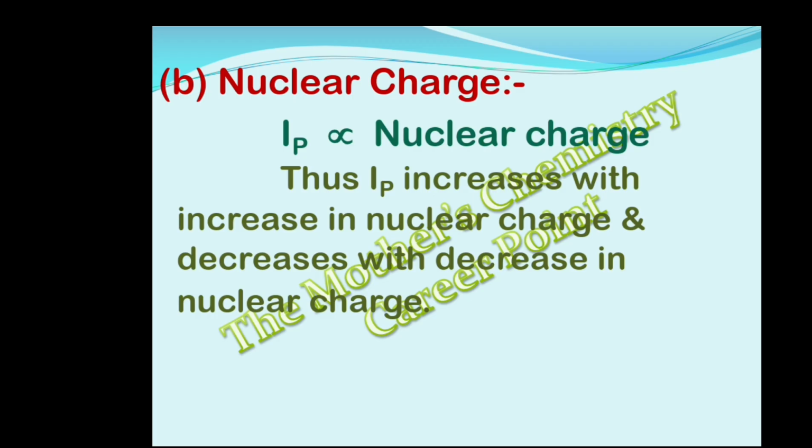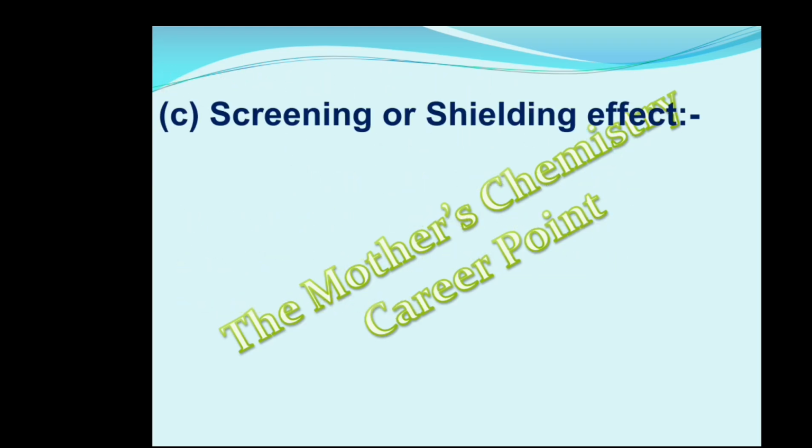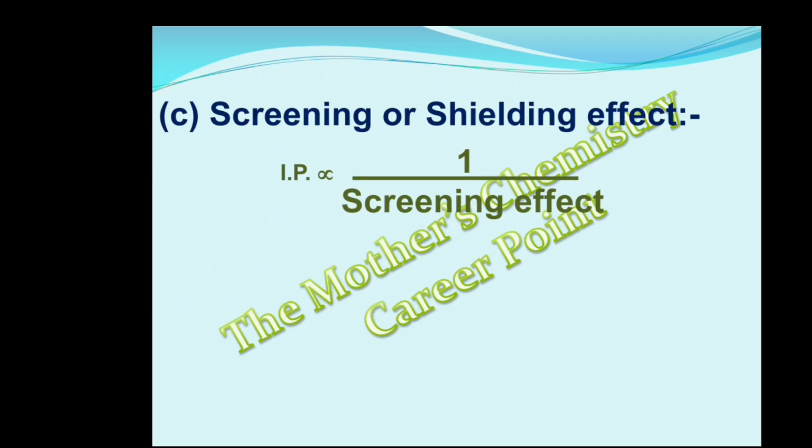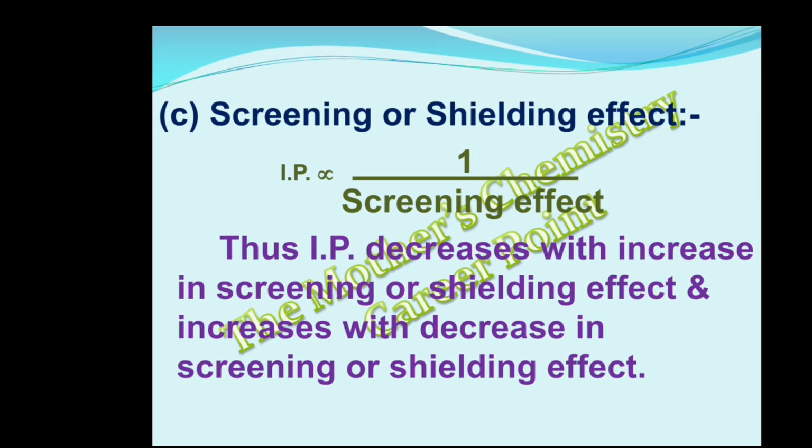Thus, the ionization potential increases with increase in nuclear charge and decreases with a decrease in nuclear charge. Screening effect or shielding effect. Ionization potential is inversely proportional to screening effect or shielding effect. Thus, ionization potential decreases with increase in screening or shielding effect and increases with decrease in screening or shielding effect.